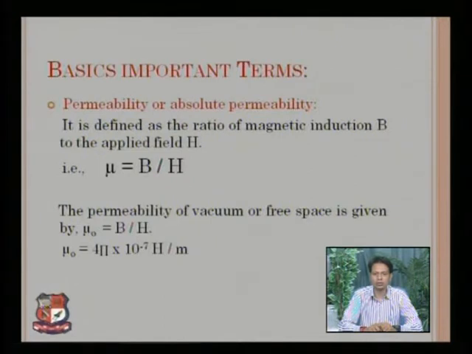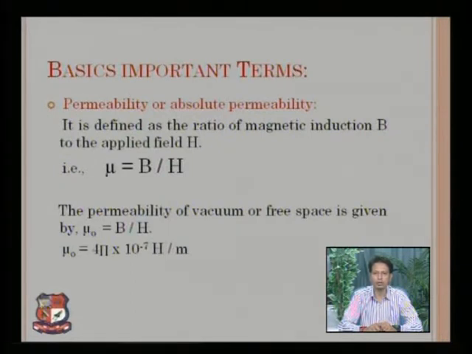You can observe in the first equation that permeability can be defined as the ratio of magnetic induction B. That means B can also be defined as magnetic flux density, to the applied field H, that is mu is equal to B upon H.